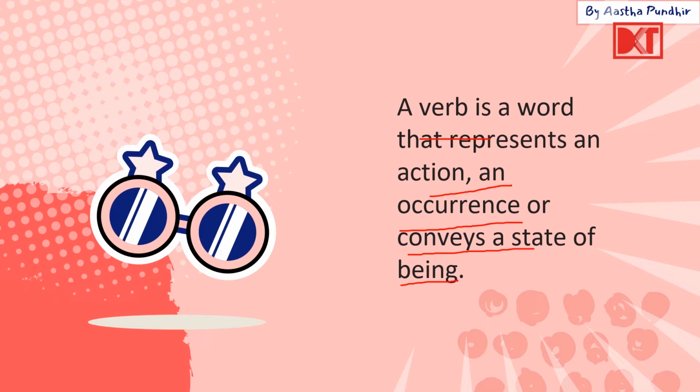Very simple definition: a verb is a word which represents any of these three things, any action taking place, any occurrence that is happening, or it conveys some state of being of something or someone.